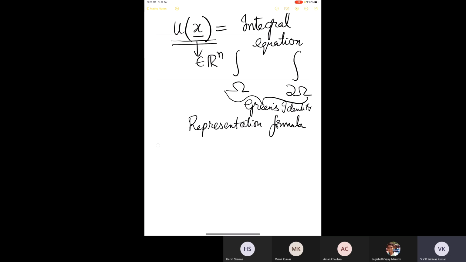What are the fundamental solutions? In R2, we found that log mod x is the fundamental solution. In R3, 1 upon mod x is the fundamental solution.